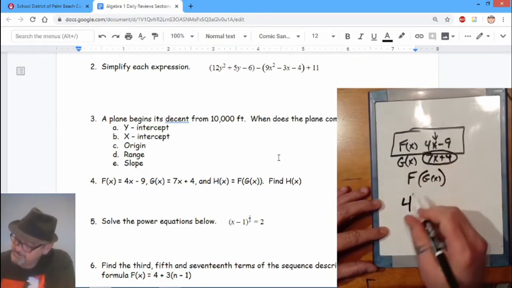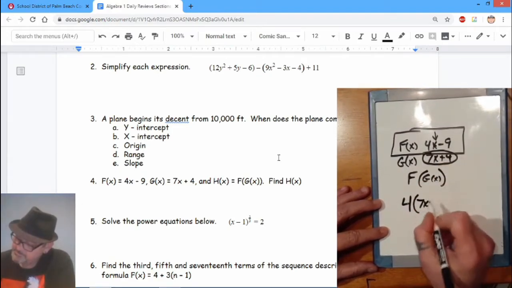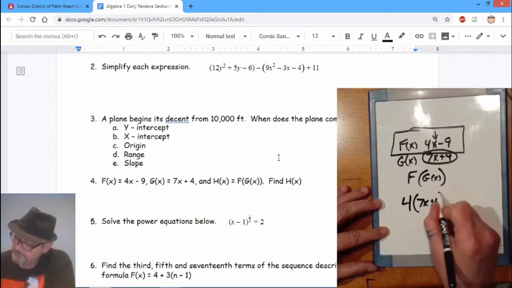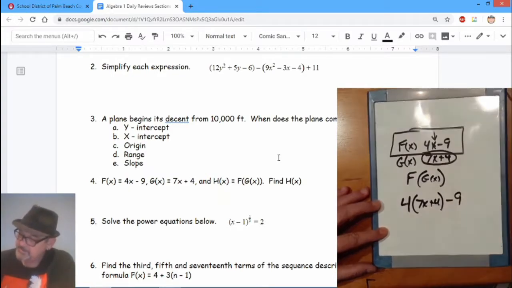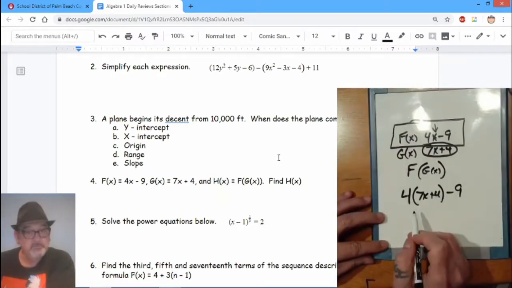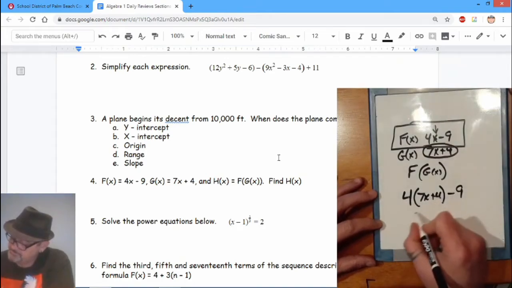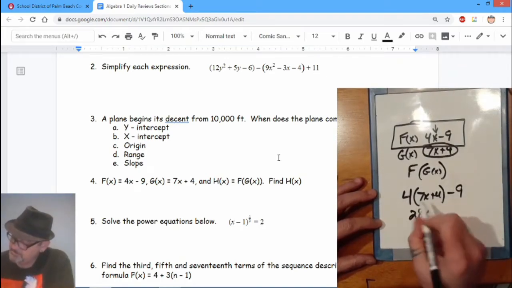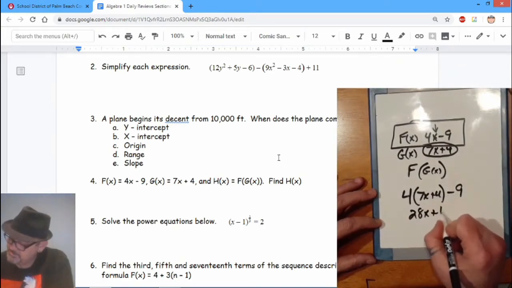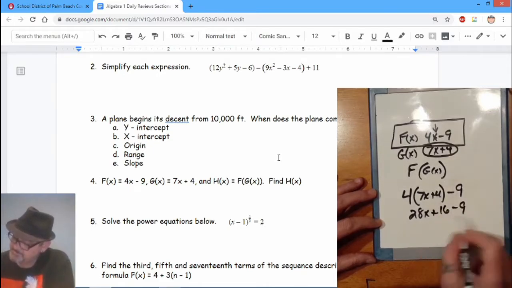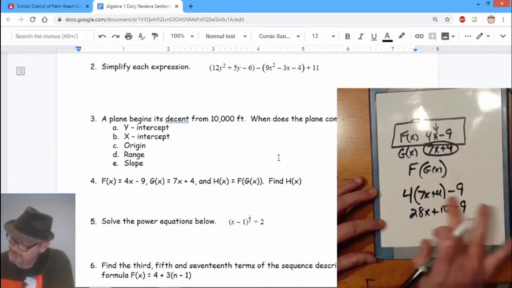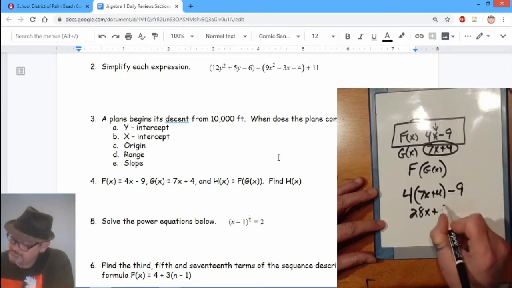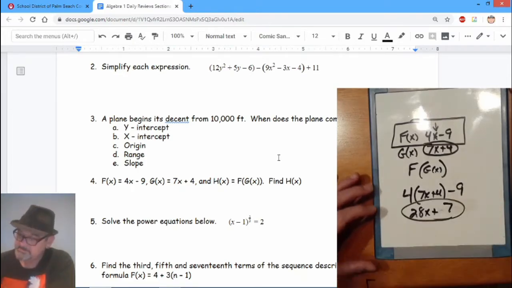Now instead of x, I'm going to substitute 7x plus 4, and then I have the minus 9 at the end. Now I just do the distribution. 4 times 7x is 28x. 4 times 4 is 16, and then minus 9 at the end. And then 16 minus 9 is 7. So my final answer would be 28x plus 7.